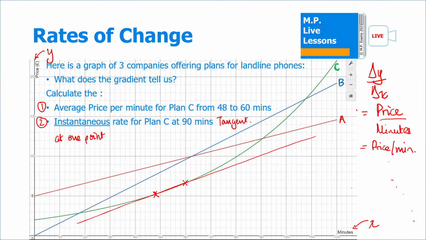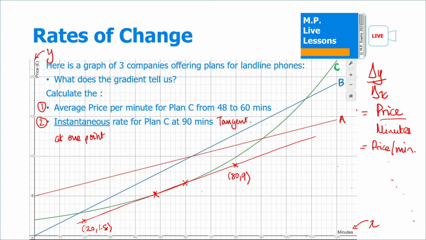For example, I've got the point 80, which goes to about 9. And then this point down here, 20. I can't tell, but it's about 1.8, I think.